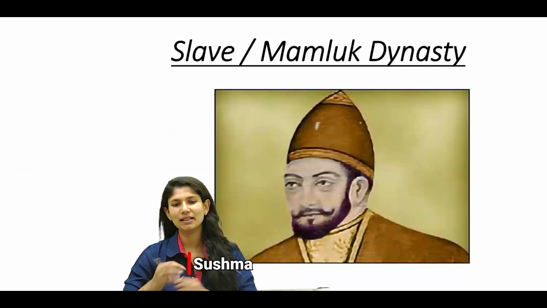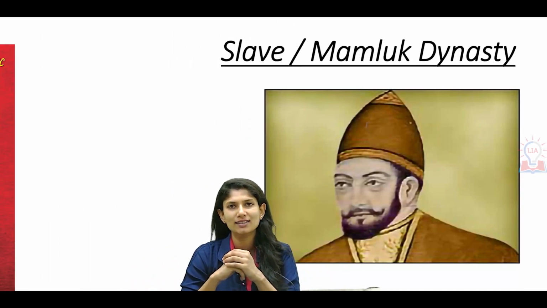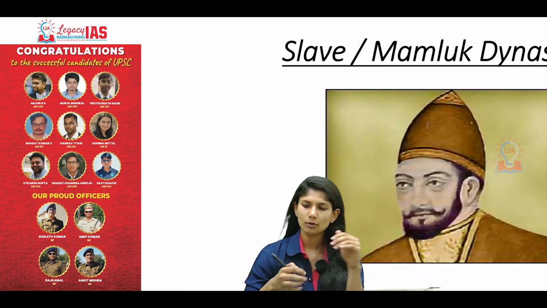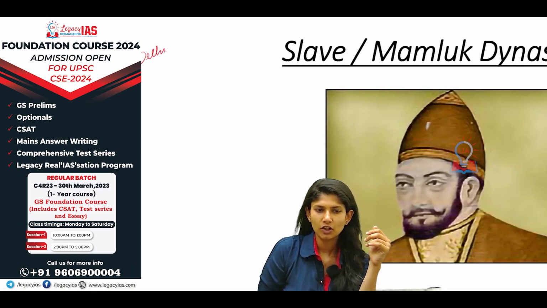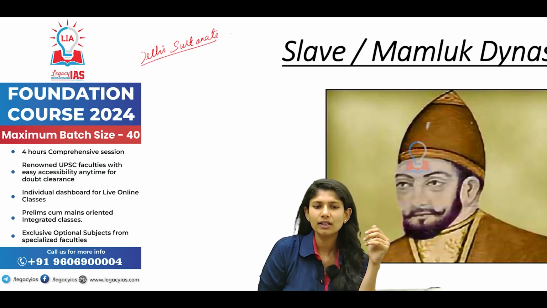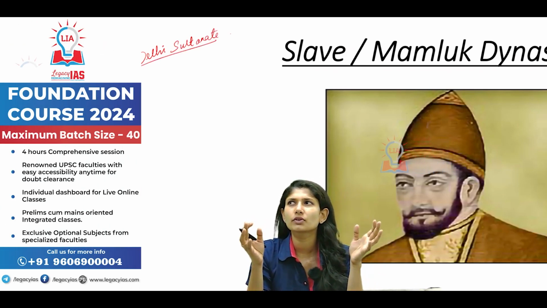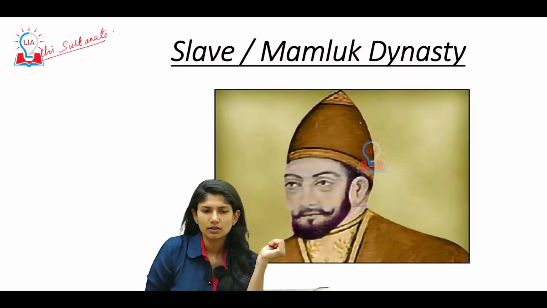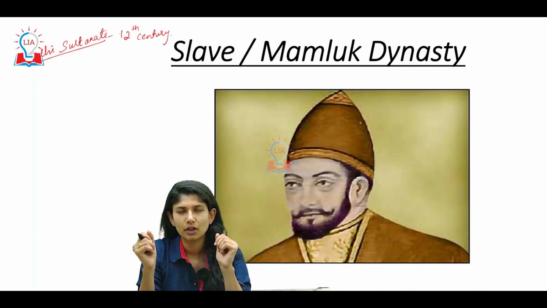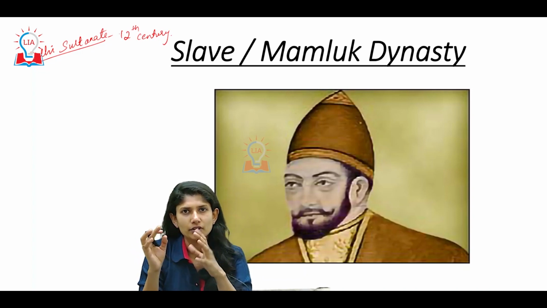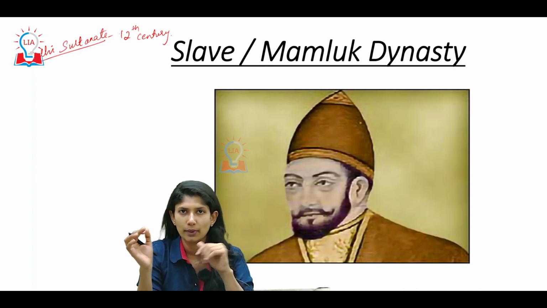In today's video, we'll be dealing with the Slave or Mamluk dynasty, political part. Before we enter in, there's something called the Delhi Sultanate. Around the 12th century, a new power started coming into India through your northwest.